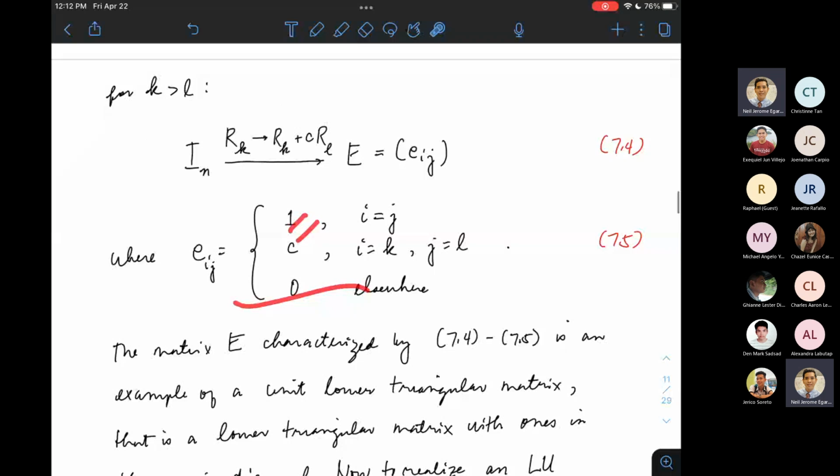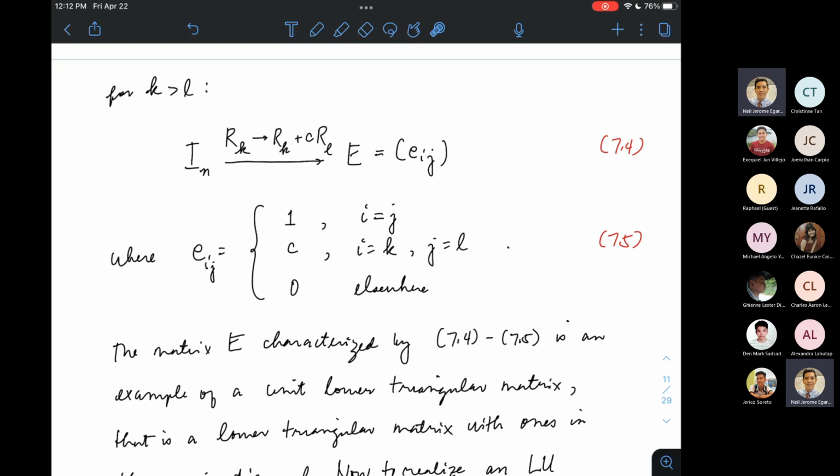Yung diagonals niya ay puro ones pa rin, okay? Kasi hindi naman mababago yung diagonals nun. So, identity matrix tayo, di ba? Tapos, yung entry doon sa kth row at lth column ay equal dun sa multiplier C na gusto nyong pang-translate. Tapos, everywhere you'll have a zero entry.